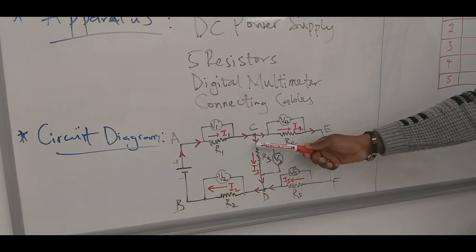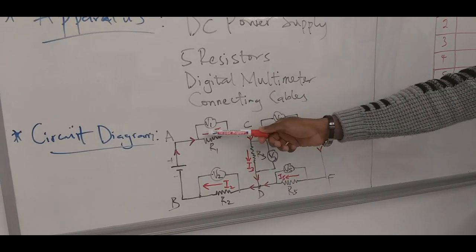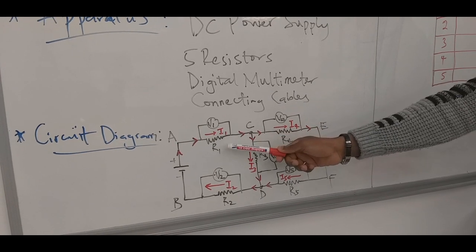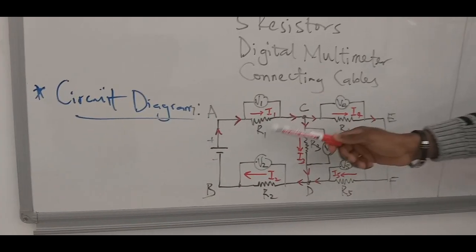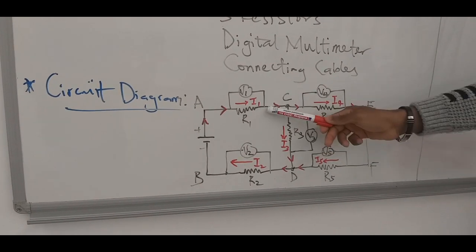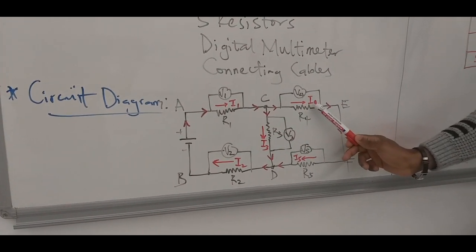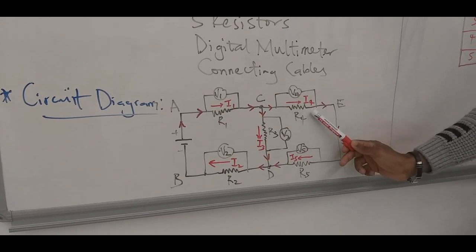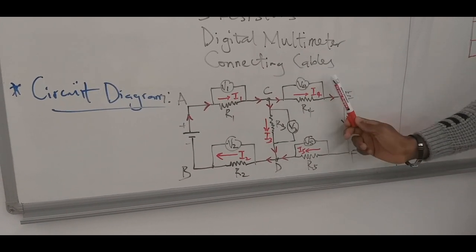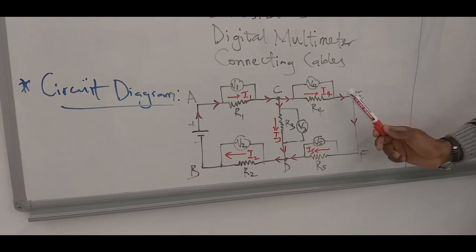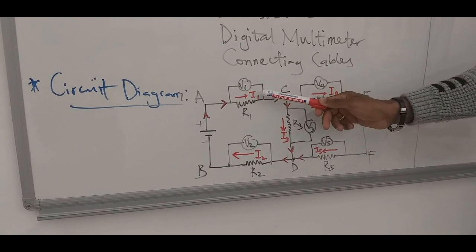This is for your own good and for your interest. You have I1 flowing in from the positive terminal of the power supply, through R1, and then it keeps going. Now, this is R4, and then we have I4 and the corresponding voltages across this R4.